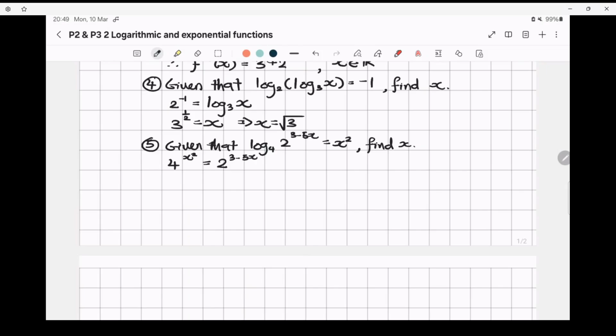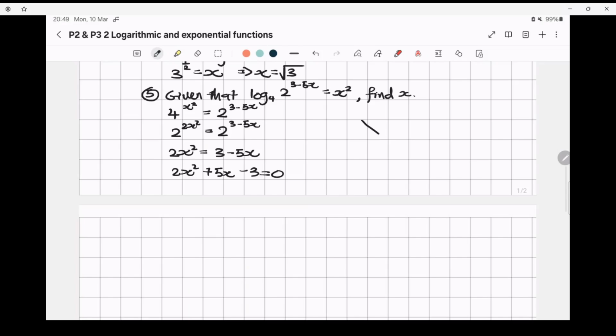The point here is that you want to make it into the same base so that your indices can be the same. In this case, 2 to the power of 2x squared will be equal to 2 to the power of 3 minus 5x. So here 2x squared will be equal to 3 minus 5x, or 2x squared plus 5x minus 3 equals 0. So you can factorize this one out.